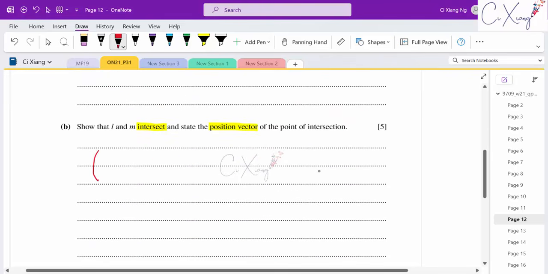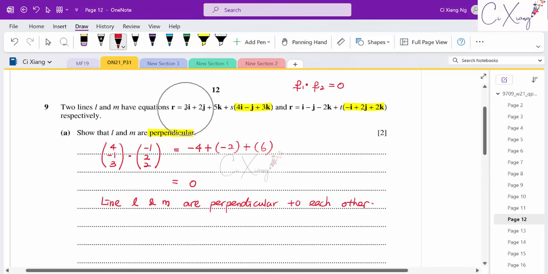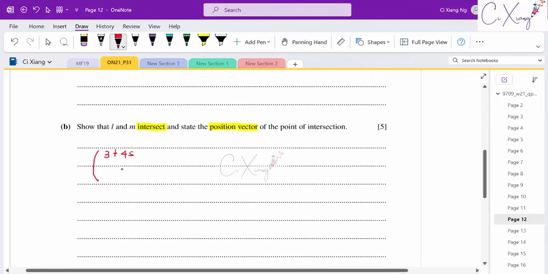So in the vector form means that I combine them in a column vector, which means that I will have 3 plus 4s for the x component of line L. So you're having 3i, right? And then plus 4si. So I write as 3 plus 4s i, like this in a column vector form.